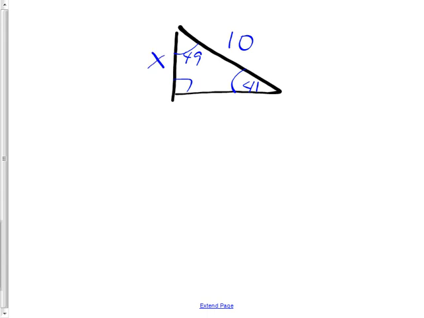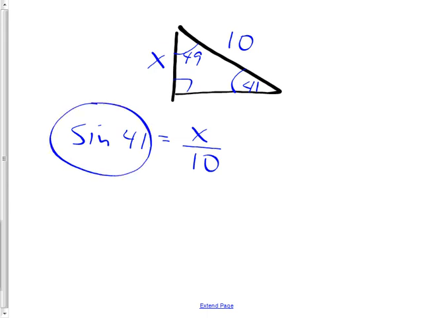It's going to tell me that and that, so I'll go sine of 41 is equal to x over 10, and then I just solve it using my calculator. I figure this out, some decimal, and I multiply both sides by 10, and then I'll have it. And then to do the other one, I'll probably use cosine of 41. Cosine's adjacent, and that'd be like y here. Cosine of 41 would be y over 10, and then you go from there.